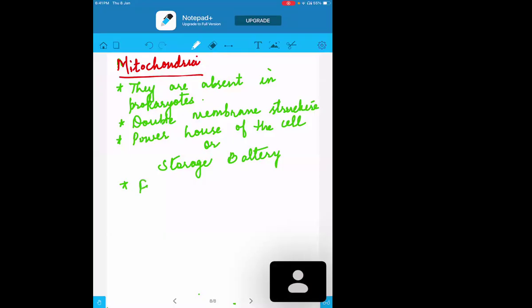Then they are found in the cytoplasm, scattered all around.